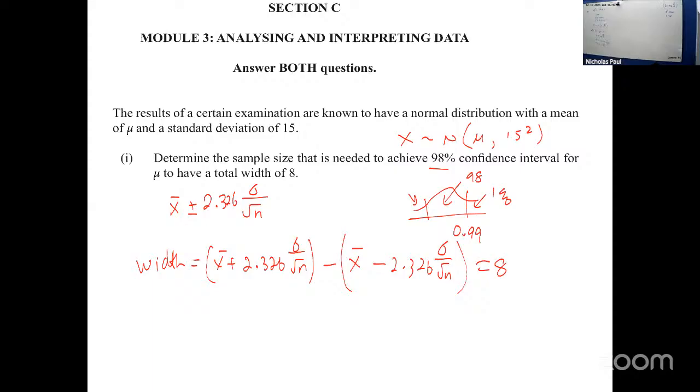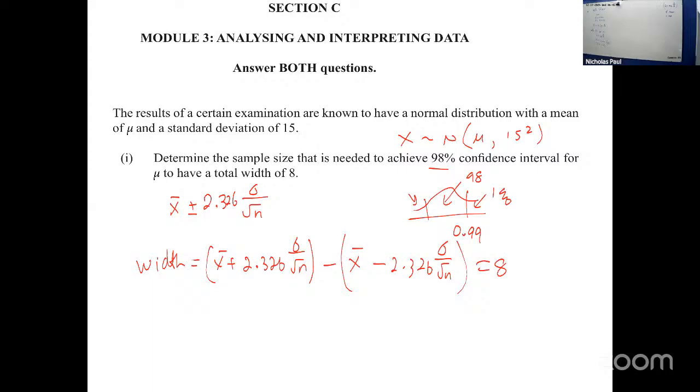You get a whole number, close, so you have to round up. If you round down, it might not reach 98%.